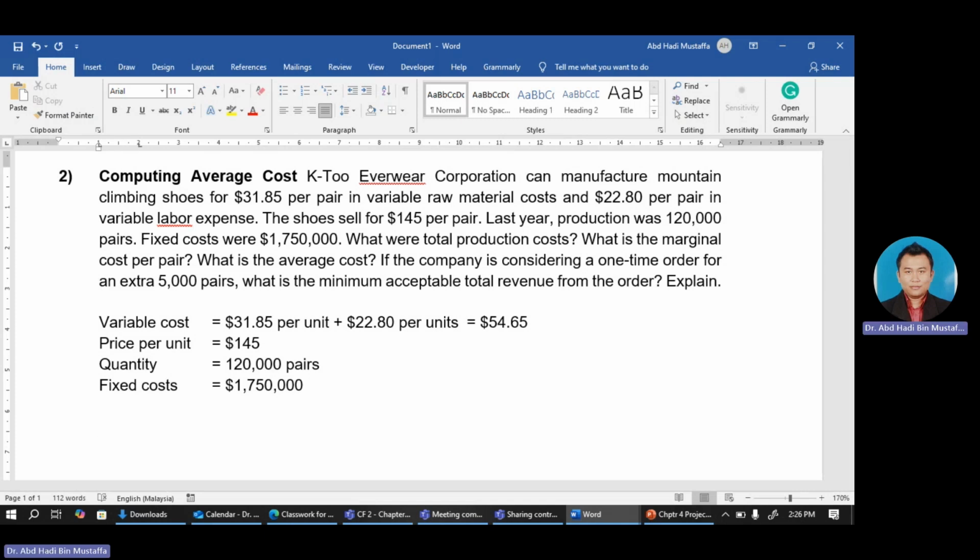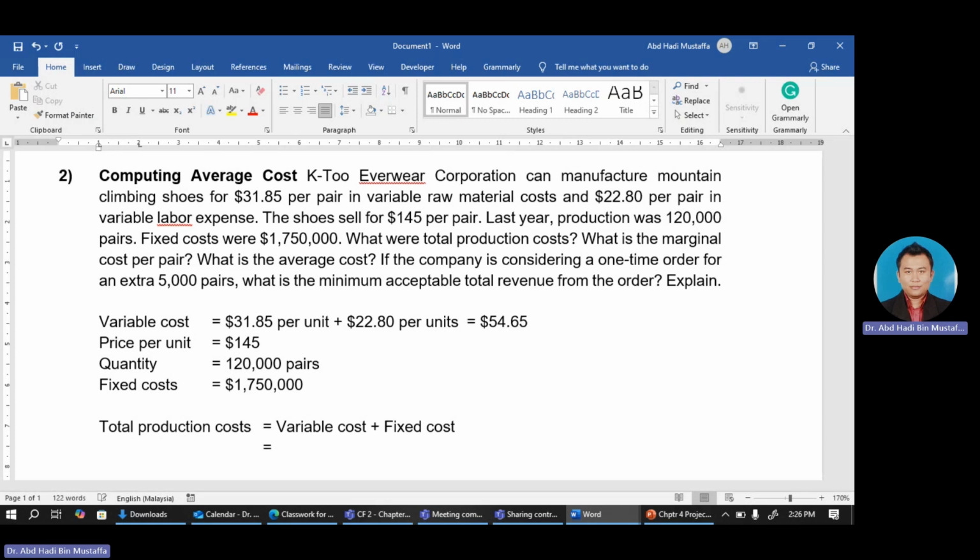Now, the first question, total production cost. Total production cost meaning that you need to add up all the costs that is related to your calculation, which is basically variable cost plus fixed cost.